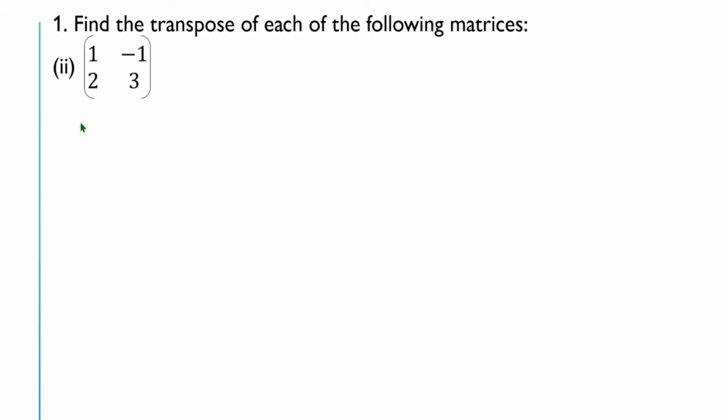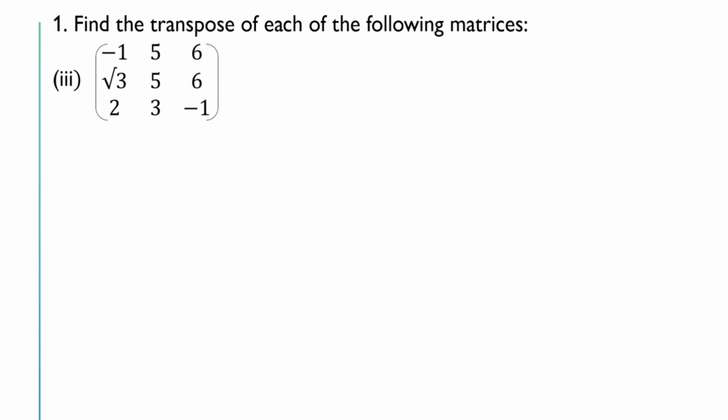Next question, the square matrix 1, minus 1, 2, 3. Let us take this as A. Then A transpose will be equal to, the first row will become the first column and the second row will become the second column. So this is A transpose. Next question, the matrix minus 1, 5, 6, root 3, 5, 6, 2, 3, minus 1.